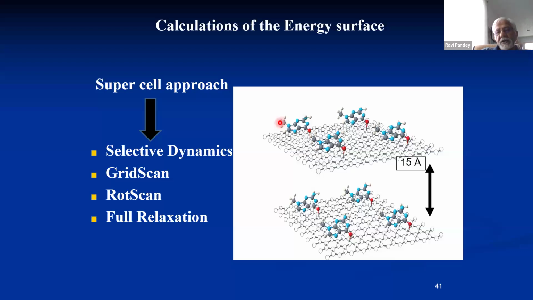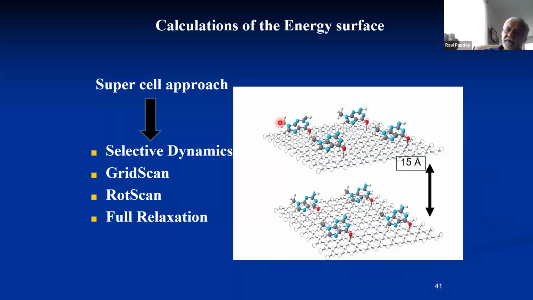As I said, our trick of the trade is to determine the energy surface very, very accurately. So we have the periodic supercell of, say, graphene or carbon nanotube, and we are bringing in these nucleobases to calculate the minimum total energy of that complex, or the ground state of the complex.